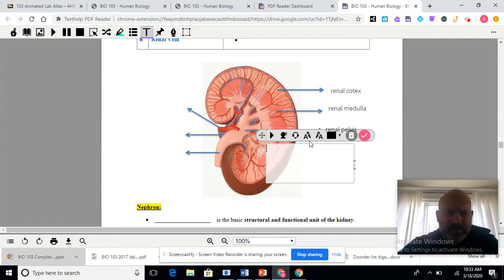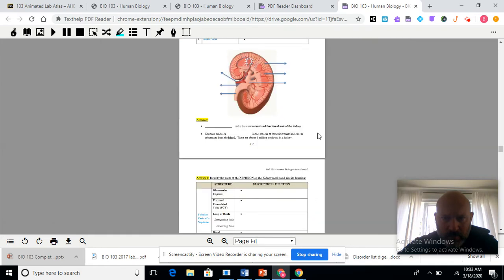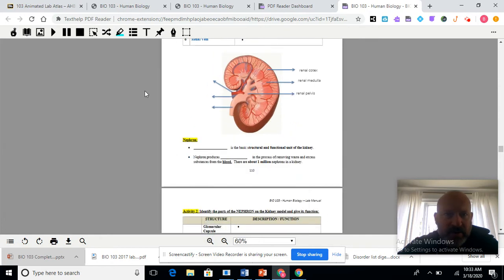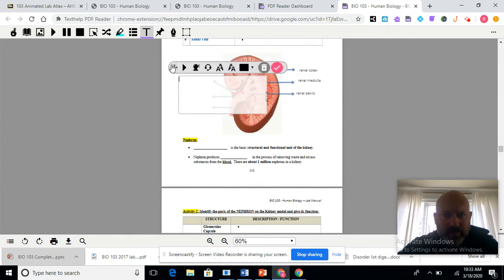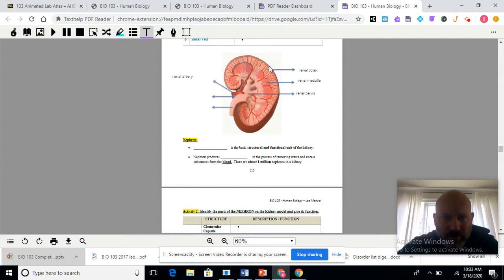I wonder why it's doing that. Maybe if I minimize. Let's try that. All right, let's try this now. Maybe that's a little bit better. Go a little bit bigger, maybe.